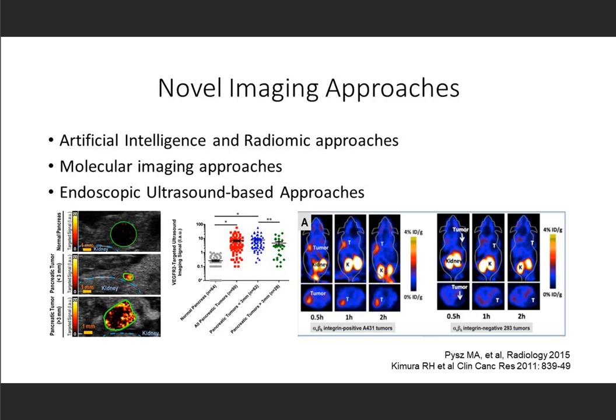So there are several different approaches that are under research and investigation. Artificial intelligence and radiomic approaches, which essentially is taking the raw data from the CT scans and the MRI scans that are currently being used and trying to find ideas or signals that the human eye may not see, is under active investigation and probably has a lot of potential to be entered into clinical use sooner than other approaches.